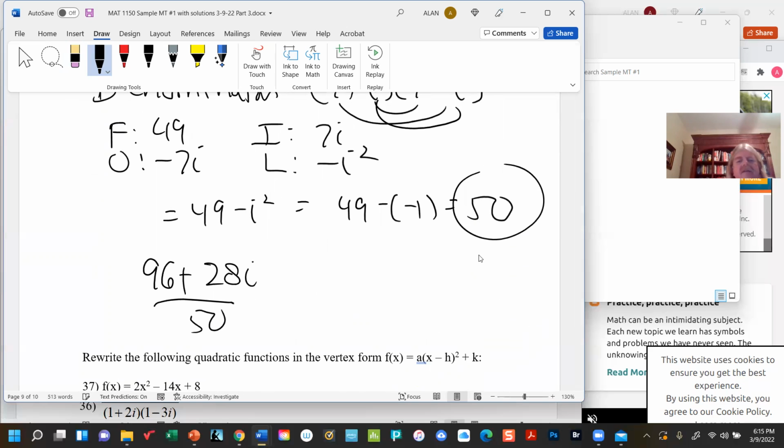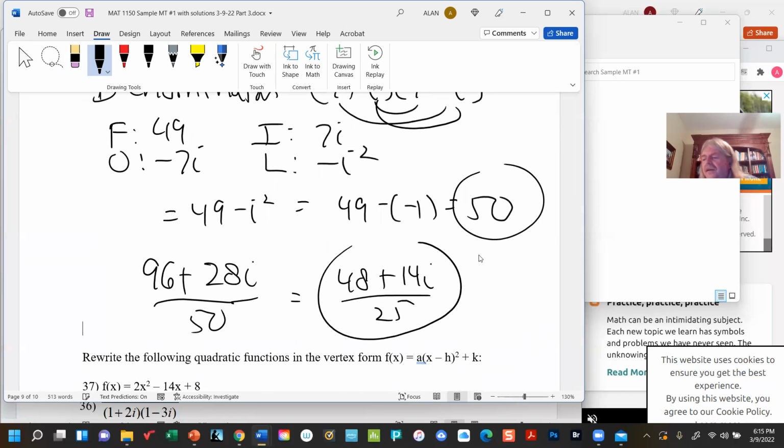And then you can simplify if you want. I mean, let's face it, there's probably multiple simplifications still possible, but I think this is as far as we can take it: 48 plus 14i all over 25. That should do it.